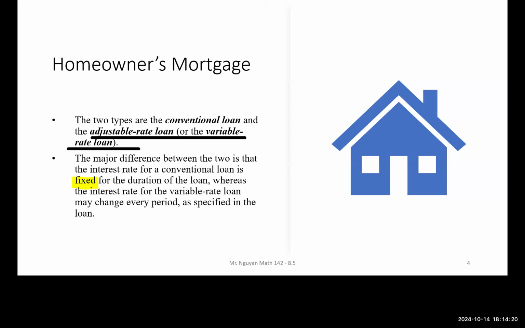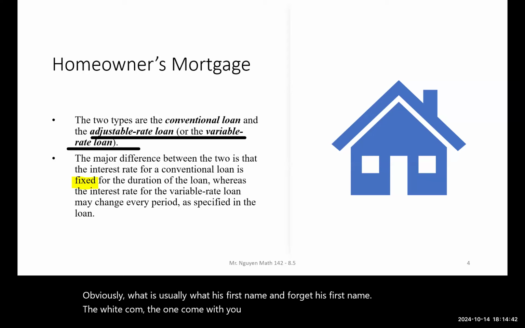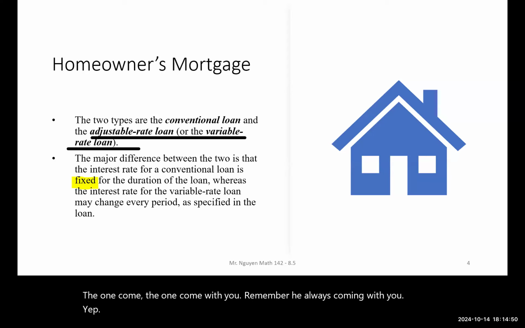Have you seen Daniel, is that right? That's his last name? Usually what is his first name? I forgot his first name. Because there are two last name Daniels, the one who comes with you. Oh yeah, Jack. He had something come up tonight and couldn't attend. Yeah, even the last time too.